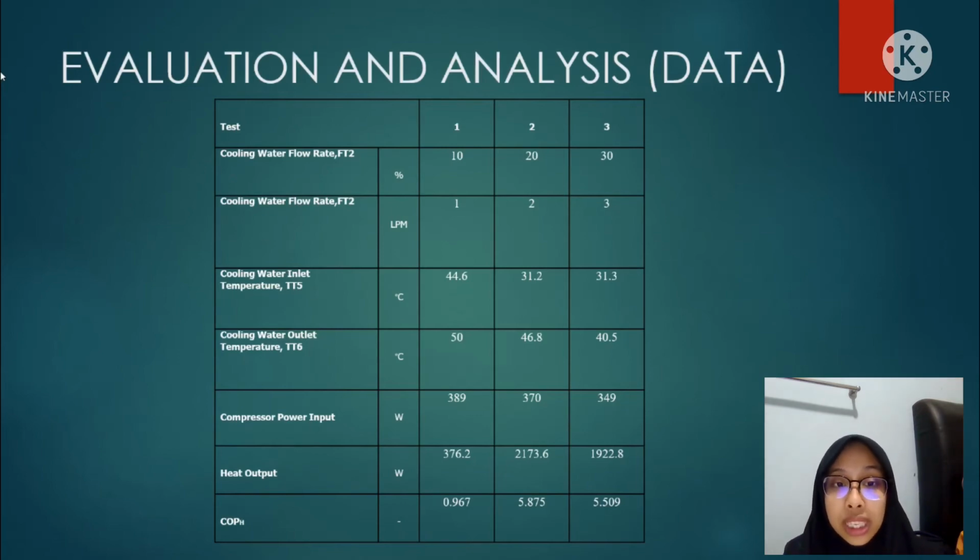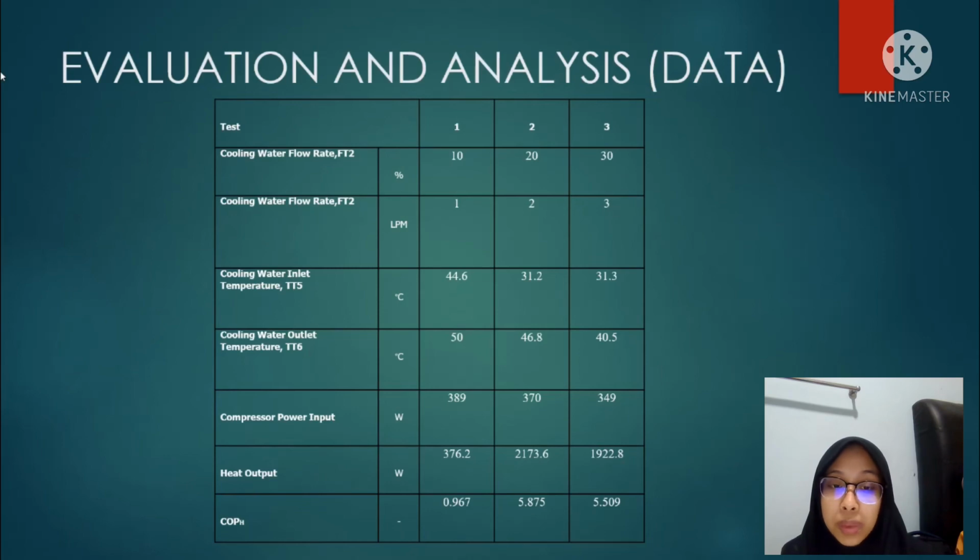Cooling water inlet temperature for test 1 is 44.6, for test 2 is 31.2 and for test 3 is 31.3. Cooling water outlet temperature for test 1 is 50 degrees Celsius, for test 2 is 46.8 degrees Celsius and for test 3 is 40.5 degrees Celsius.